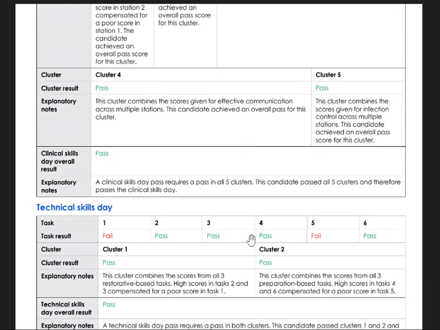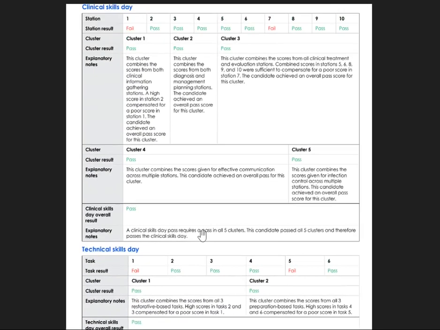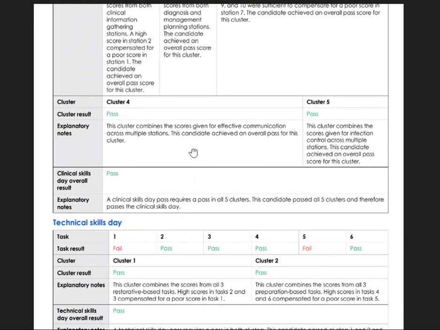All right. Now let's look at the technical skills day. All right. So over here, this particular candidate, the first 3 tasks belong to the restoration based task. The candidate failed one of the restoration based tasks but passed the remaining 2 restoration based tasks.